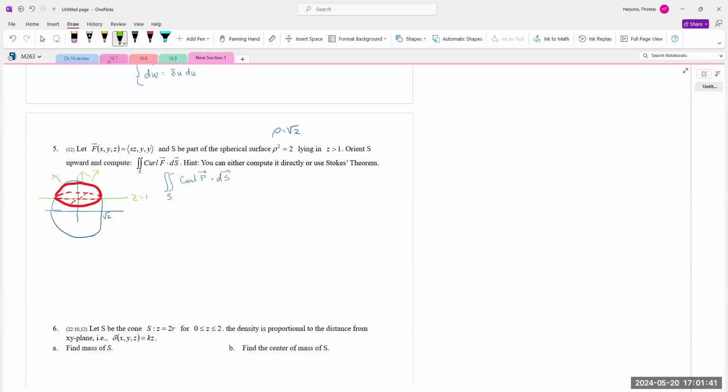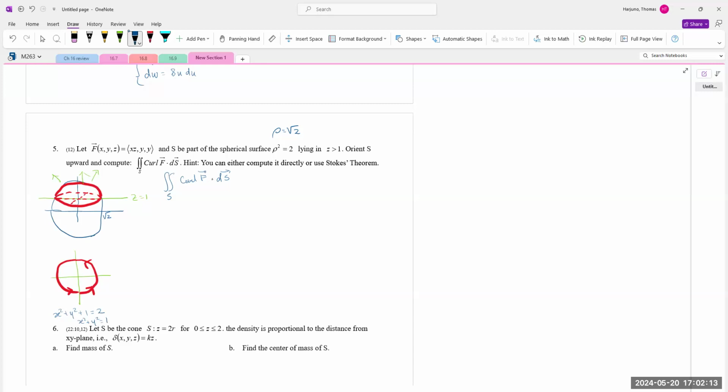Therefore, if we see that from above, the orientation is counterclockwise. And z equals 1, so x squared plus y squared plus 1 equals 2. So x squared plus y squared equals 1.